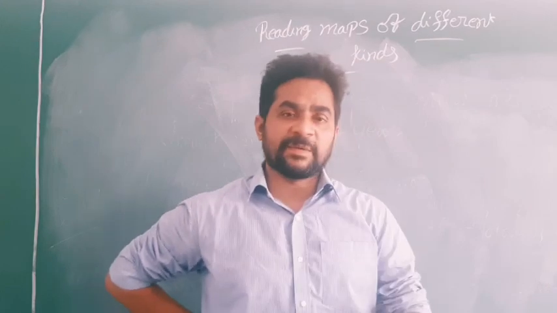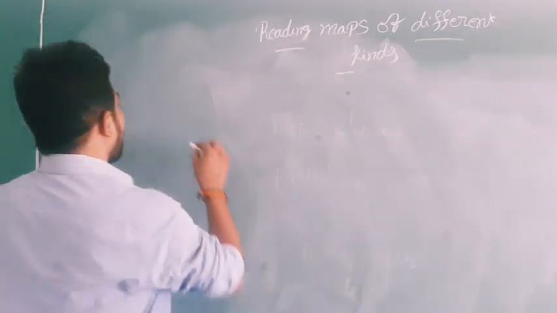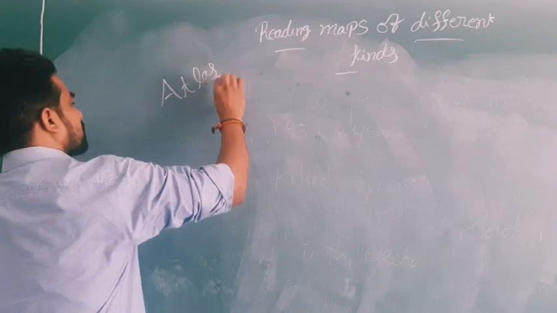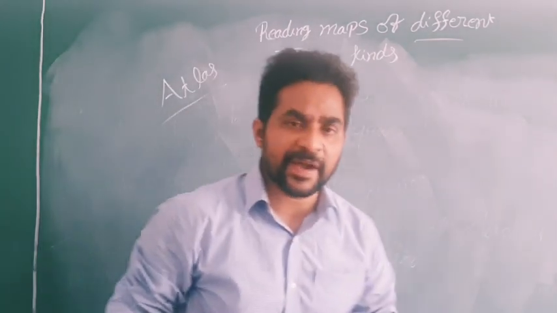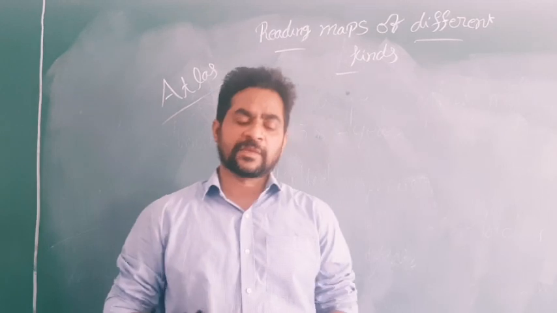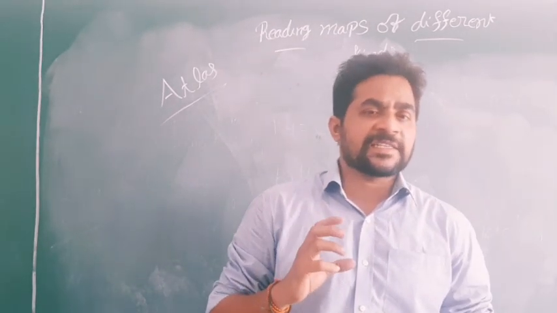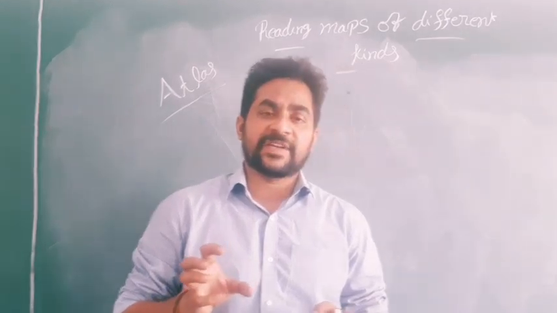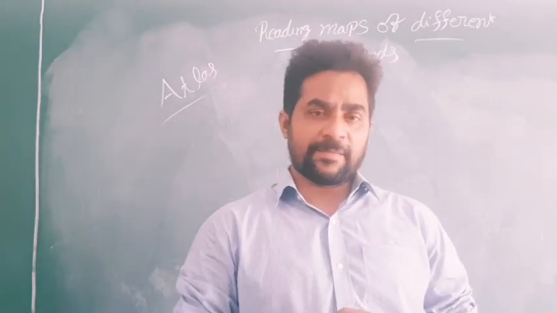Once remember what is meant by an atlas, or else called a school atlas. Do you have any idea about an atlas? An atlas is a book consisting of different kinds of maps.